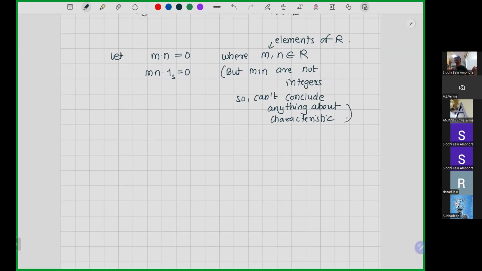Yes, they are. Yeah, I mean, not Z. Q, R, C is also fine, but can you give me some explicit ring which has characteristic 0, but I don't want it to be a domain? We take a quotient ring and multiply two elements. Exactly. So that's what we will be doing.